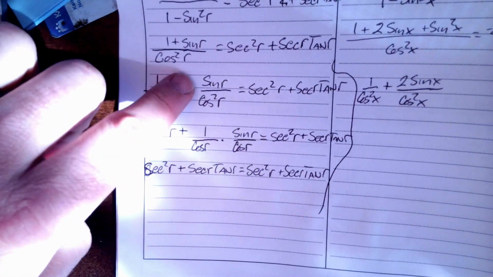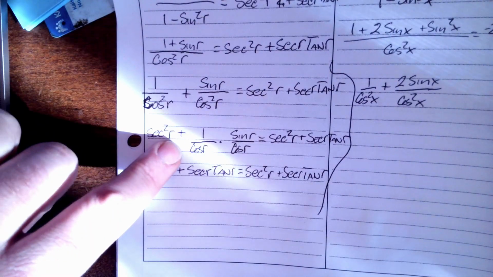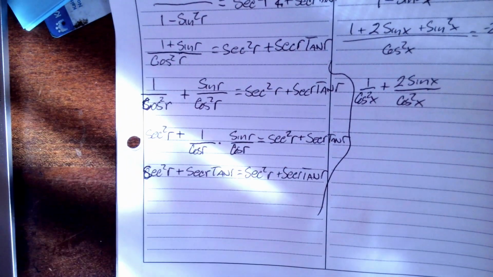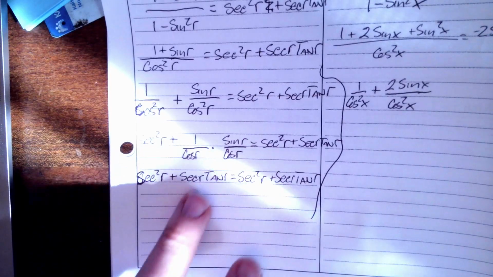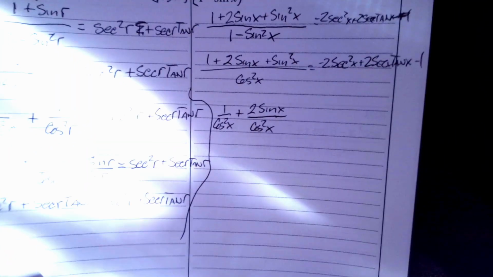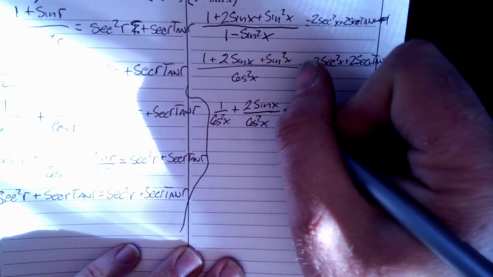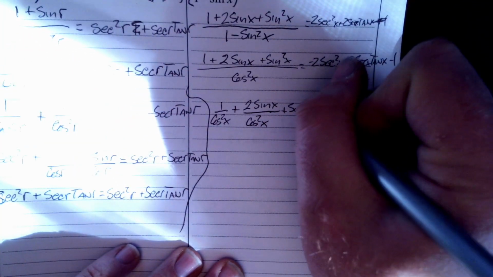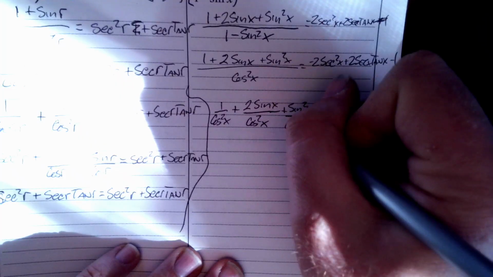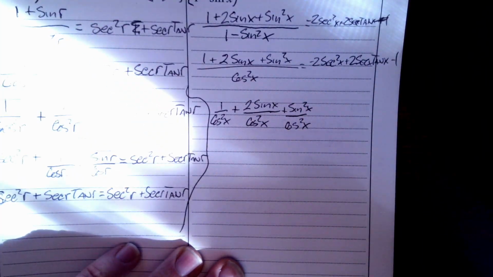Looking over here, we turned sine over cosine squared into 1 over cosine times sine over cosine. That's where we got our secant tangent, which we will need in a second. Plus the sine squared of x over the cosine squared of x.